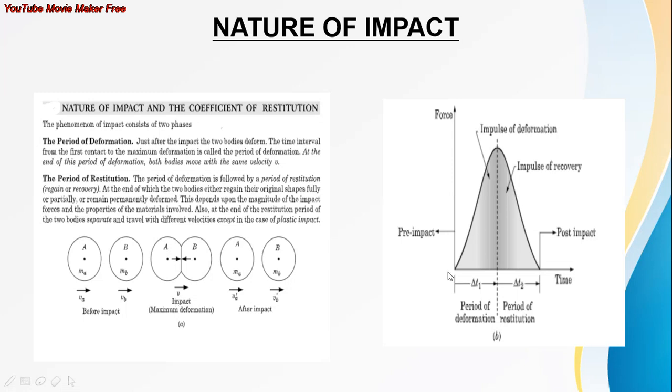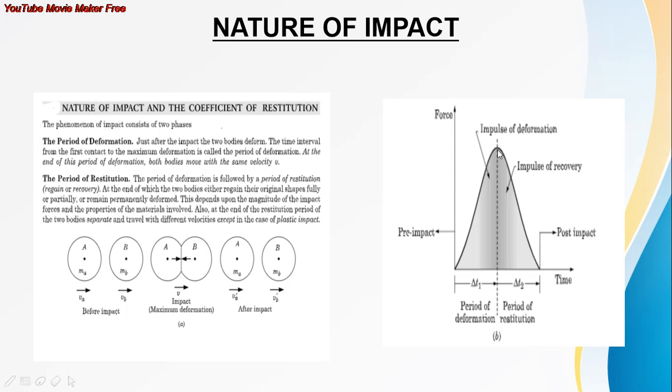This is explained in this graph also. You can see that before impact, the state is like this, and after this, at this point, collision actually happened, impact actually happened, and then deformation starts happening, and deformation keeps on happening, force keeps on increasing with increase in time, and at this point the deformation becomes maximum.